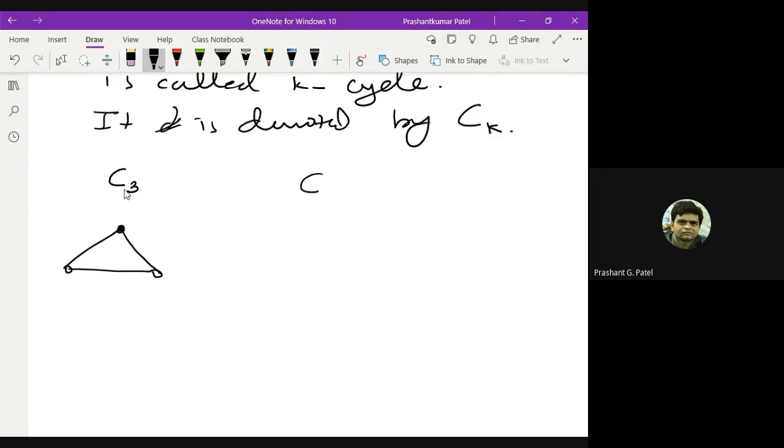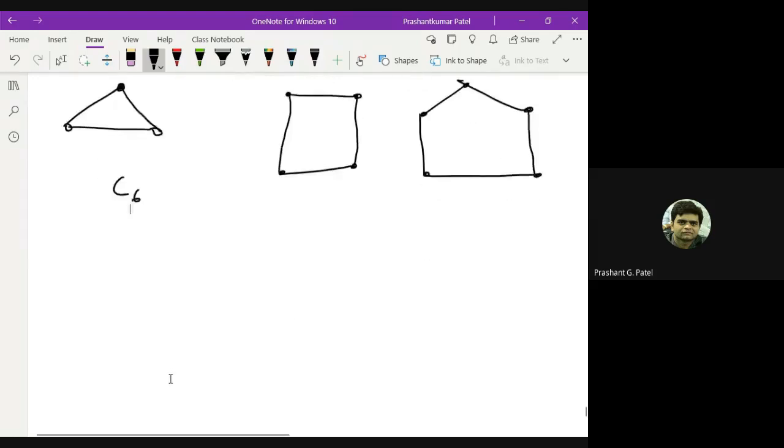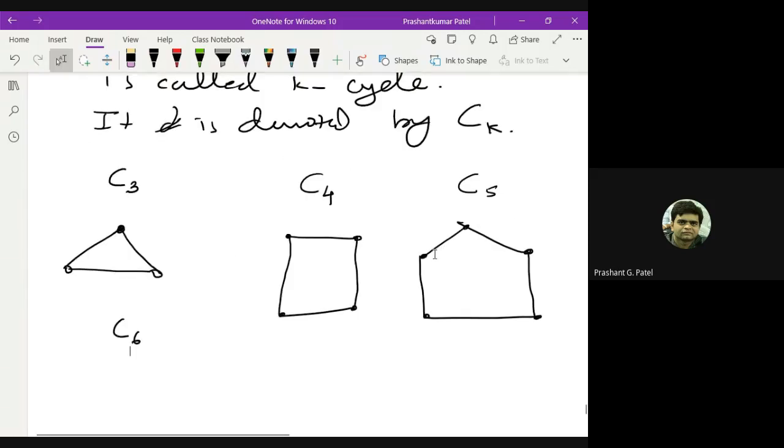What is C4? C4 is a square. This is a C4. C5 is a pentagon. This is C5. C6 you can plot yourself. So these are examples of cycles.